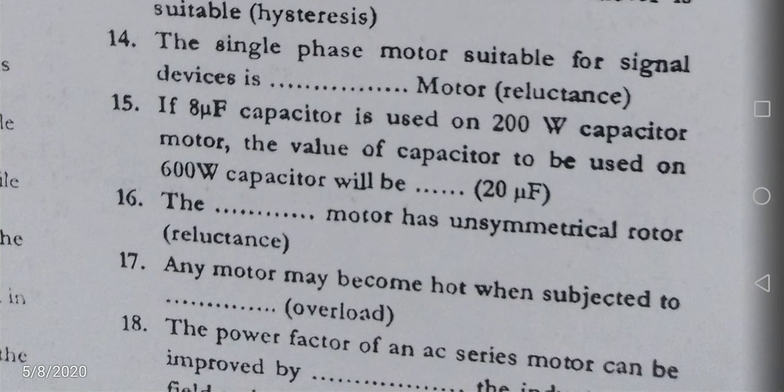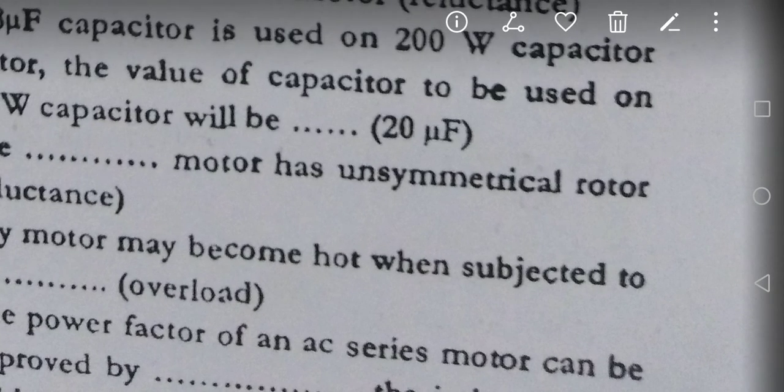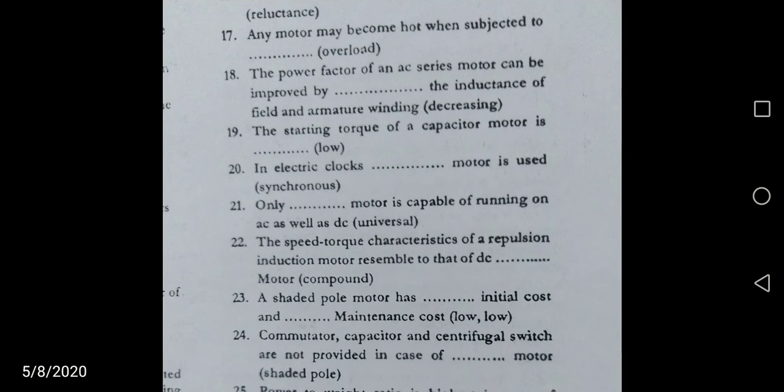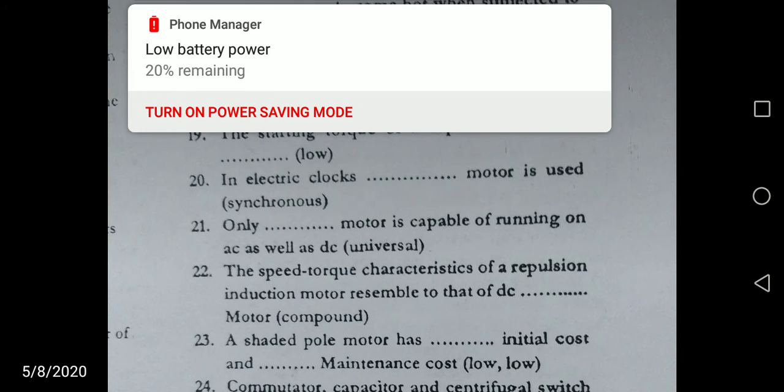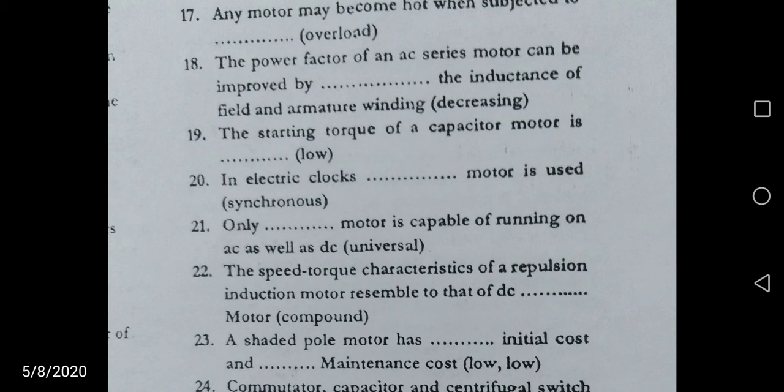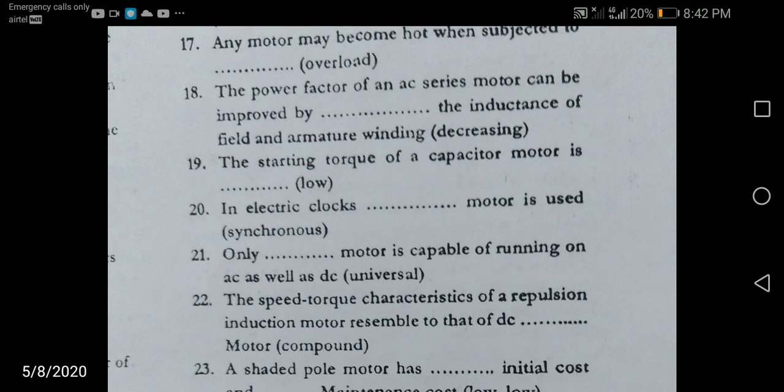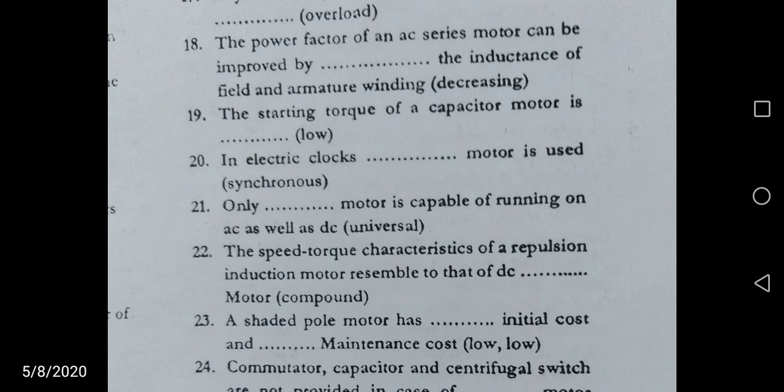Any motor may become hot when subjected to overload. The power factor of an AC series motor can be improved by decreasing the inductance of the field and armature winding.